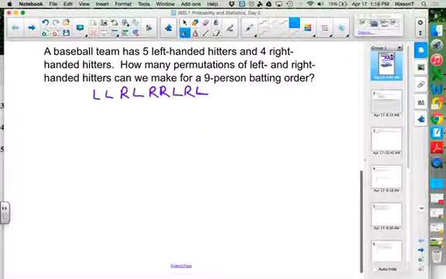So we look at this and ask, how many different possibilities are there for a permutation, not considering who this guy is, or who this guy is, just whether he is a left-handed batter or a right-handed batter?